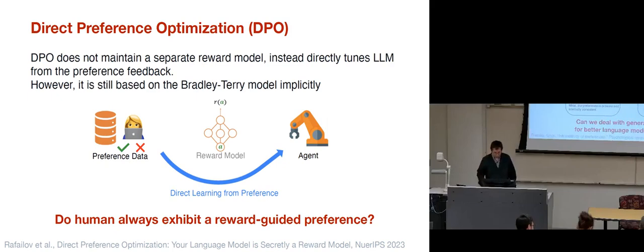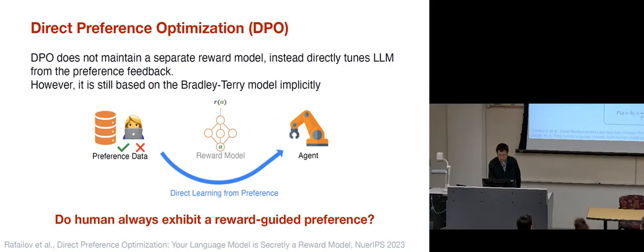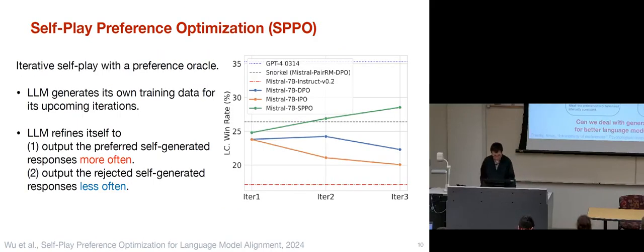So there's a loop. And if you assume the Bradley-Terry model here, this model actually implies the transitivity property of the preference. And therefore, you can see that this model is limited in terms of modeling very complicated human preference.